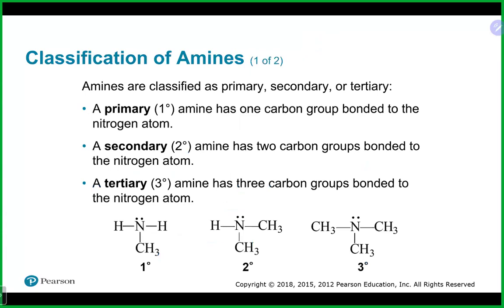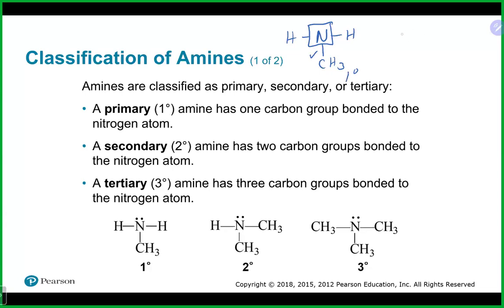Now, just like alcohols and carbons, we can also classify our amines as primary, secondary, or tertiary. And it really works the same way here. We are going to look at our functional group, which really is the nitrogen in this case. So we're going to look at the nitrogen and see how many carbons are attached to the nitrogen. In this case, there's just one, and this would be a primary amine.